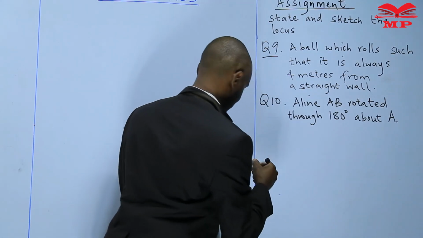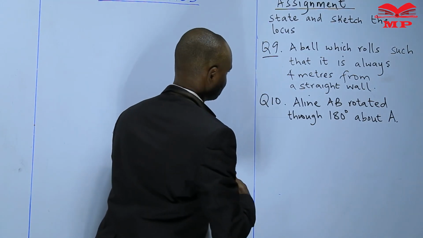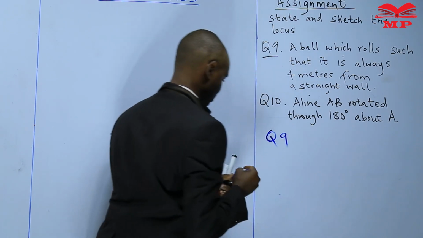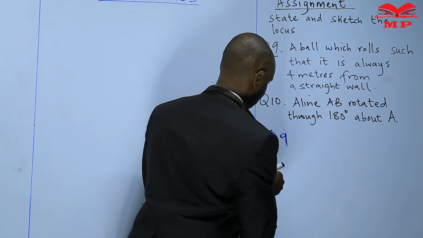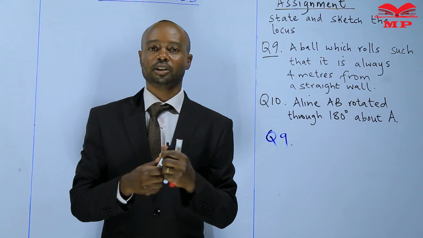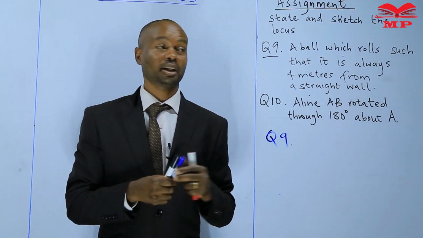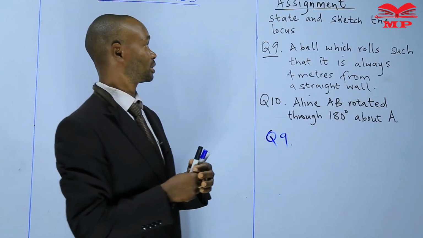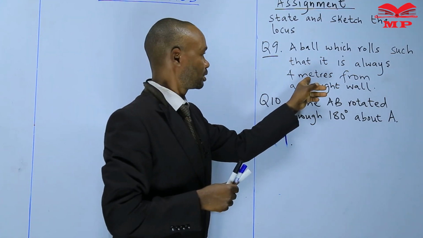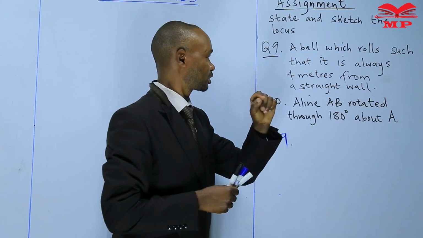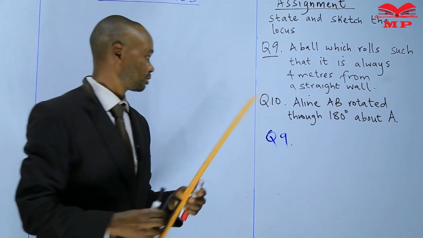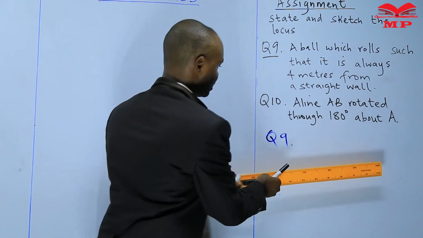Question 9, you go to the laws. From the definition of a locus, the law commanding the question is very important. If you look at 9, a ball which rolls such that it is always 4 meters from a straight wall, I'll need the sketch first.